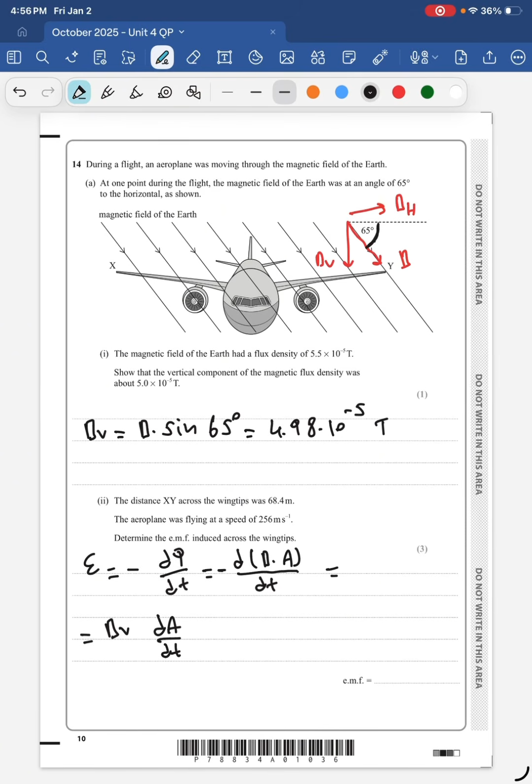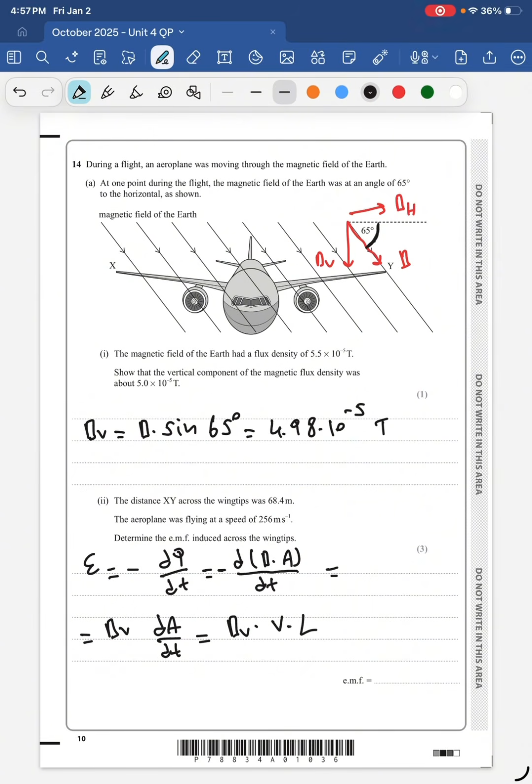And what's the surface area that the aeroplane cuts through? If you picture the aeroplane moving outside the page with velocity v, you can immediately see that as the aeroplane moves out of the page, it scans an area equal to the velocity times the length of the wings, because it creates a rectangle as it moves.